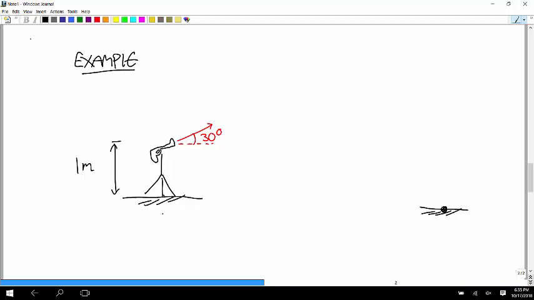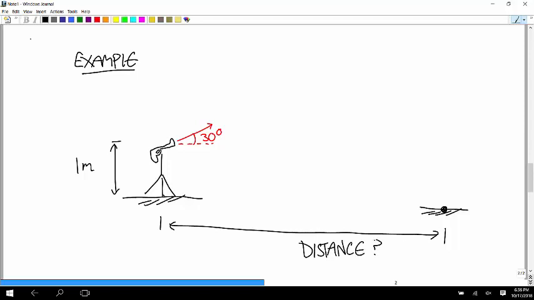How far away do we have to put the gun to make it land at this location? The bullet is going to be shot at 20 meters per second. Work through that one, and then I'm going to do a follow-up to this one after we're done.